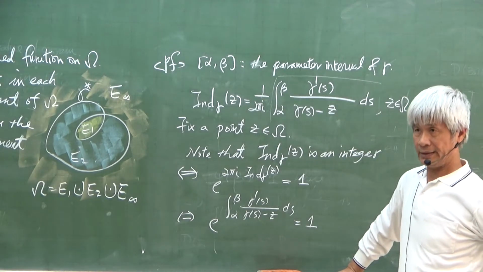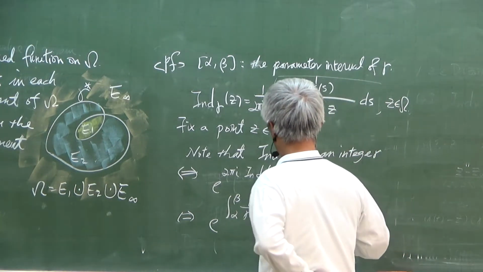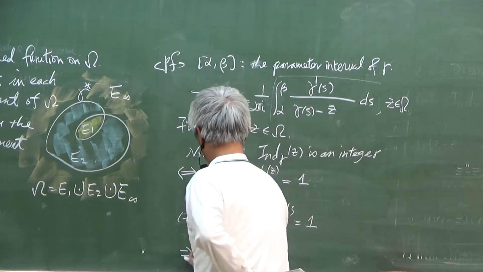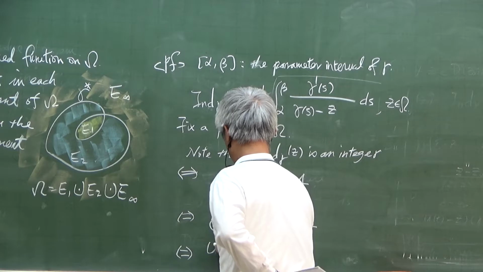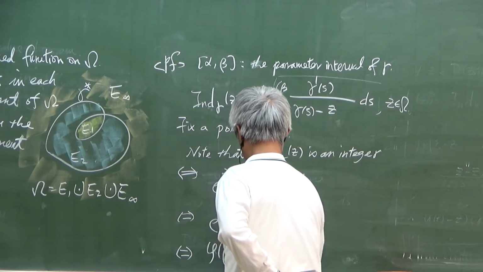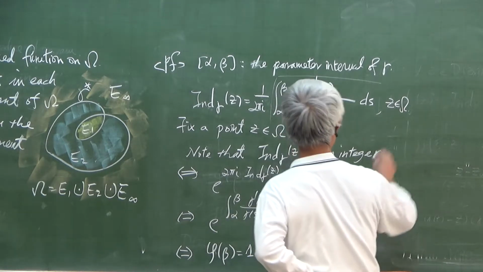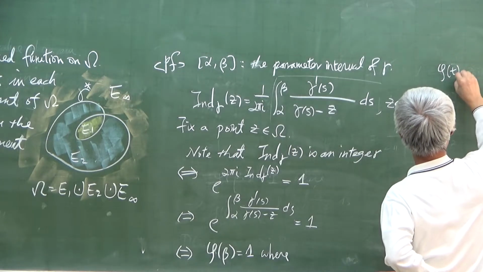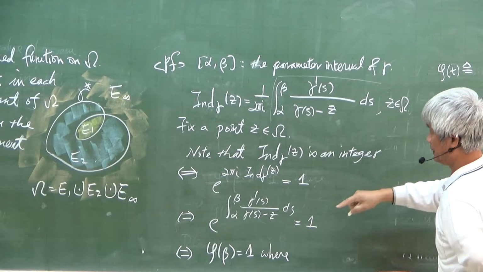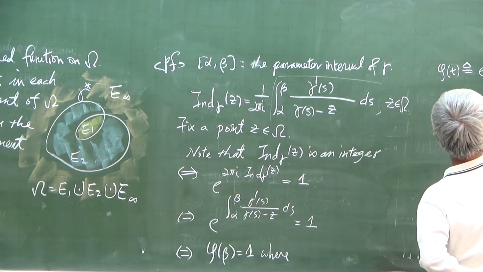Is that okay? All right. And now this implies that phi of beta is equal to 1, where we define a function phi to be the exponential.